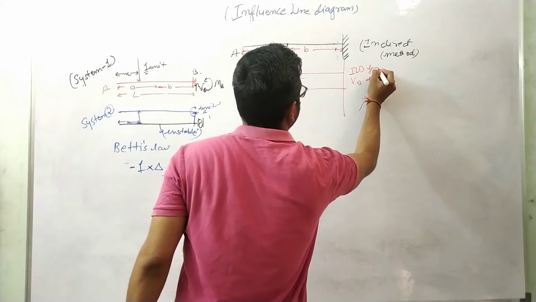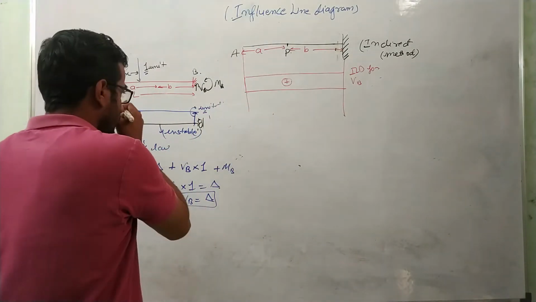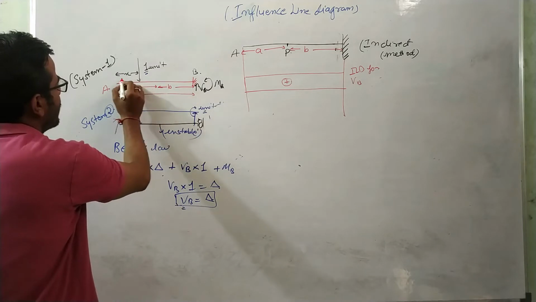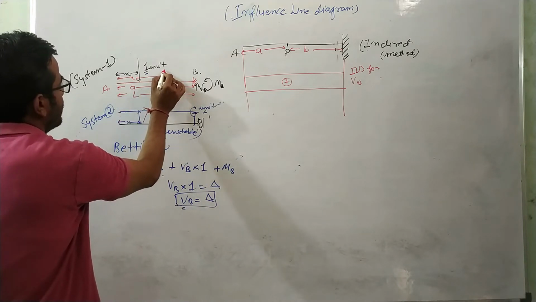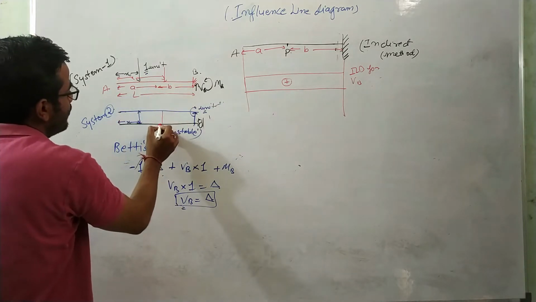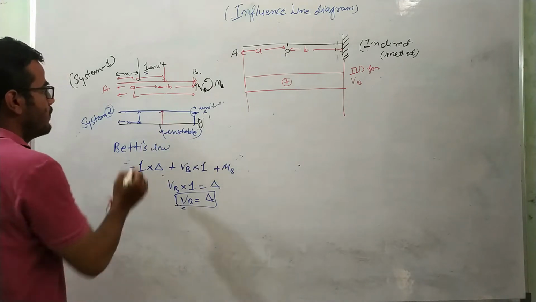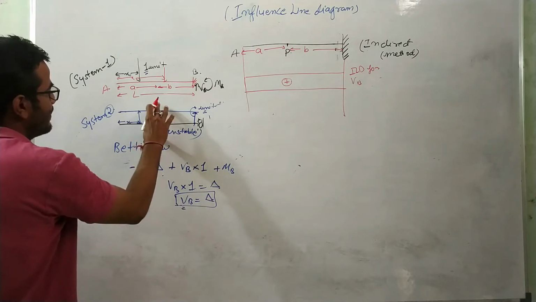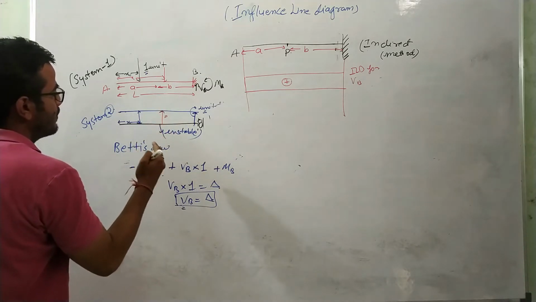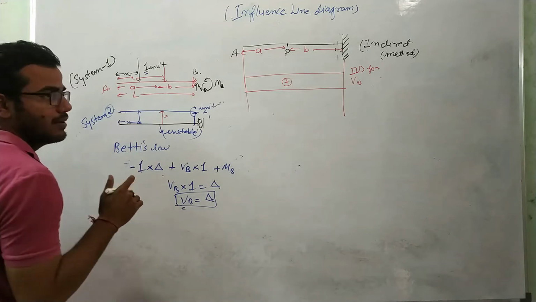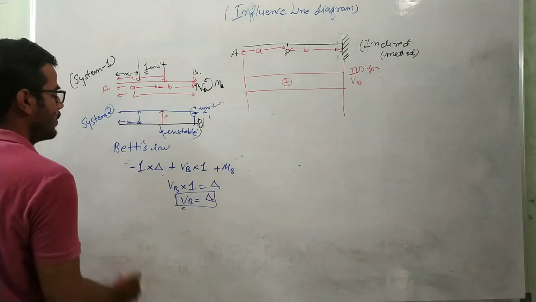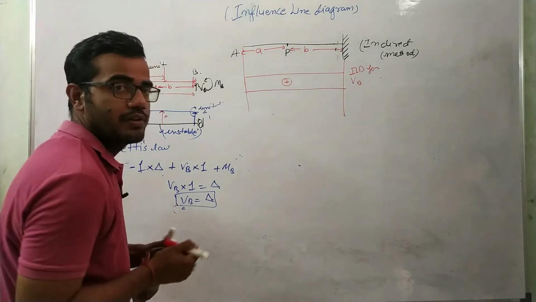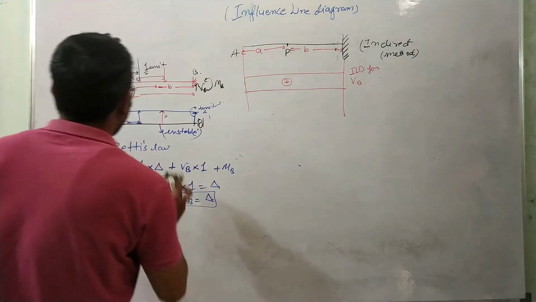If the unit load is acting anywhere in the beam, let us suppose at a distance x1, the value of VB again will be obtained from this displacement, the ordinate of the elastic curve basically. So this is the case of our unit load. Now we'll see what will be the influence line diagram for this MB value, right?